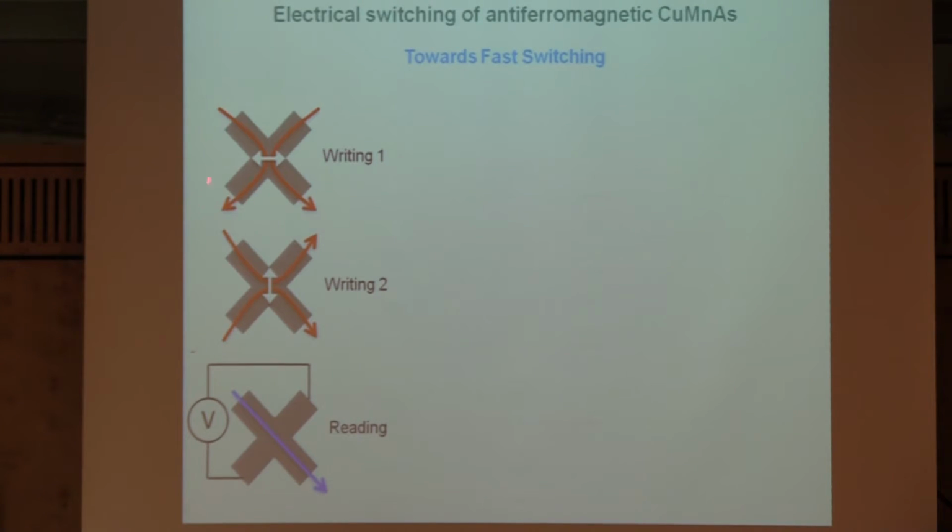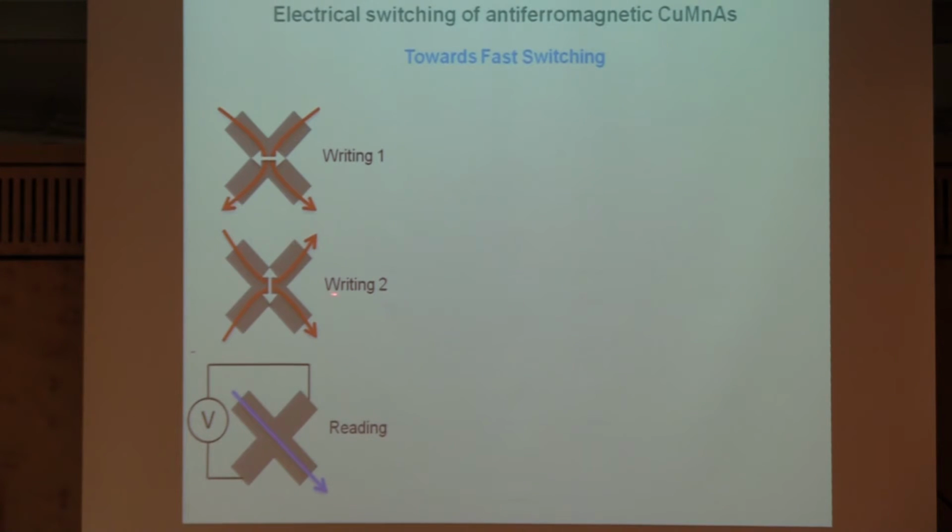So those crosses used now are no longer these double crosses where you use one pair of crosses for writing and the other pair for reading, but you use one cross for both writing and reading. You apply a current in such a way that you use two arms simultaneously, so that the current lines are always perpendicular to the moments you want to switch, but they combine within this stripe overlap in the central cross area.